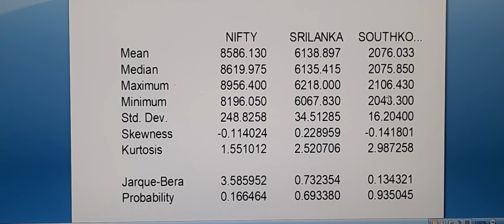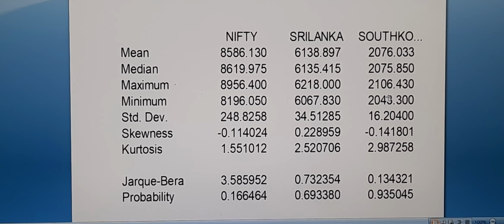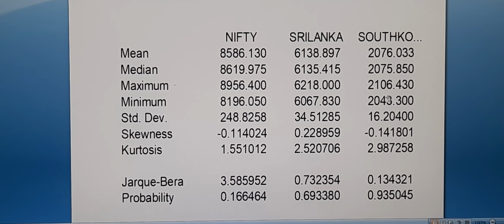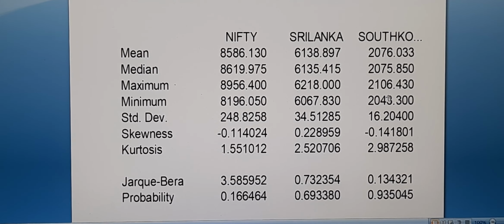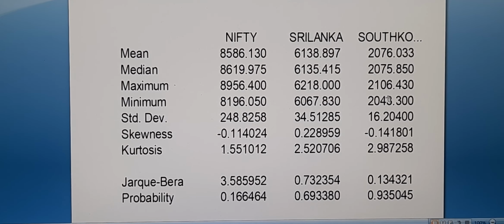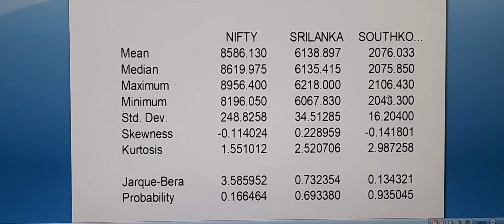Because, for example, if 2.568 is the skewness, then it will be positively skewed, highly positively skewed. And if the skewness is minus 3.528, then it will be negatively skewed. But here you can say that this is symmetric.